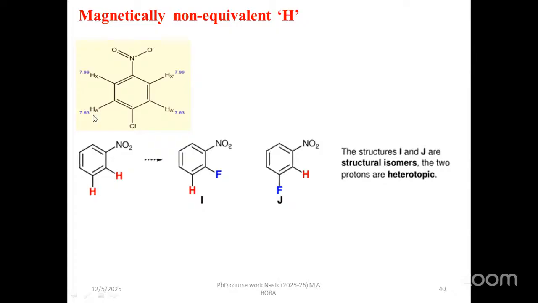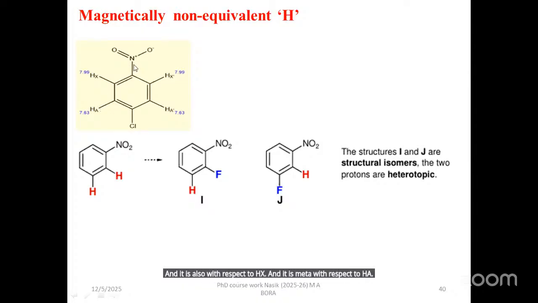Okay, so you can see the molecule. We have a nitro group in this molecule. Nitro is highly electron withdrawing, and it is ortho with respect to HX and meta with respect to HA.